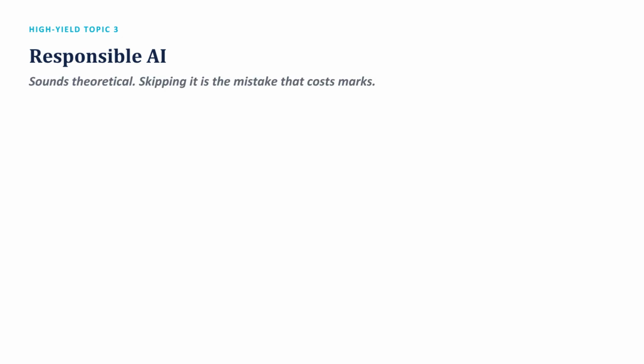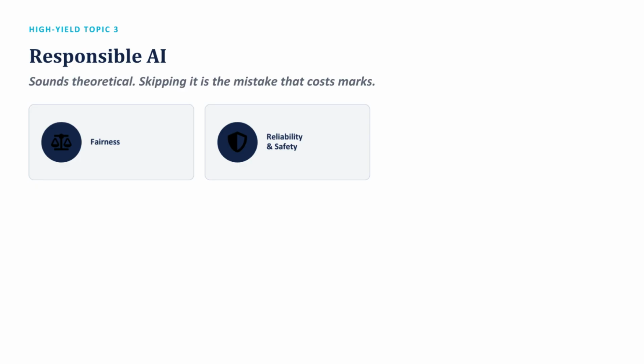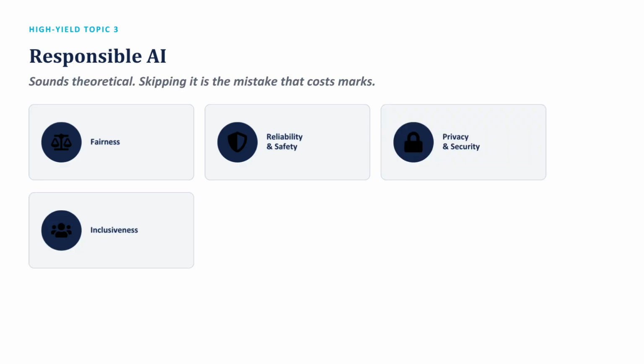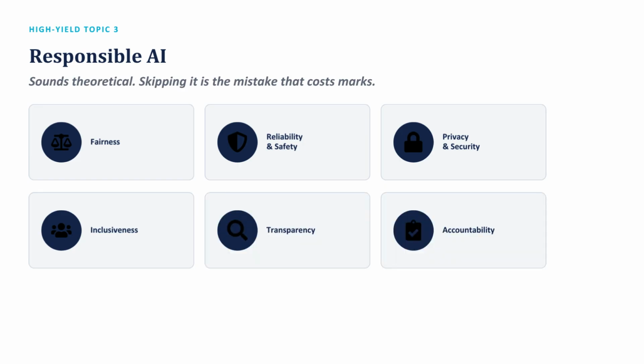The third topic is responsible AI. Don't skip this topic because it looks theoretical. Many students do and they lose easy marks. Remember these six principles: fairness, reliability and safety, privacy and security, inclusiveness, transparency, and accountability. Instead of memorizing this list, connect each principle to a real-life example.